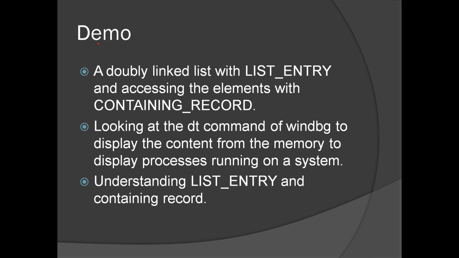Now let's go to a demo and see list entry and containing record. I think it is a little bit too early to do this, so I will skip this part of the demo for a later presentation after a formal introduction to WinDbg.